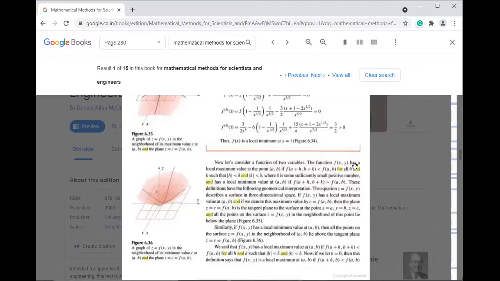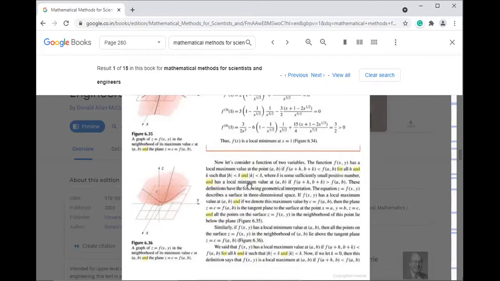The function f of x and y has a local maximum value at the point a, b if f of a plus h, b plus k is less than f of a, b for all h and k such that modulus h is less than delta and modulus k is less than delta, where delta is some sufficiently small positive number. So the value of the function at a, b should be greater than the value of the function at all nearby points.